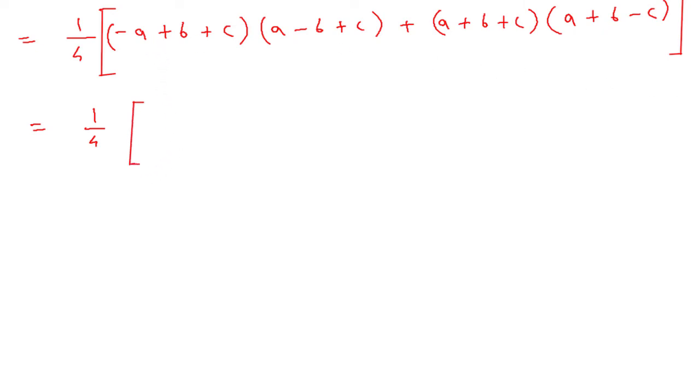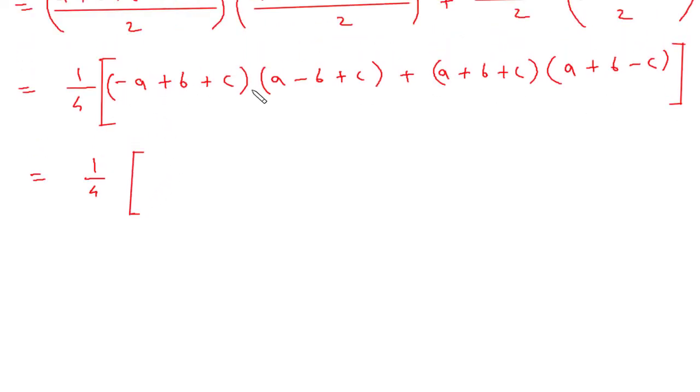This will be minus a into a. So this will be minus a square, then minus a into minus b. This will be plus ab. Minus a into plus c will be minus ac. Then b into a will be plus ba or ab.